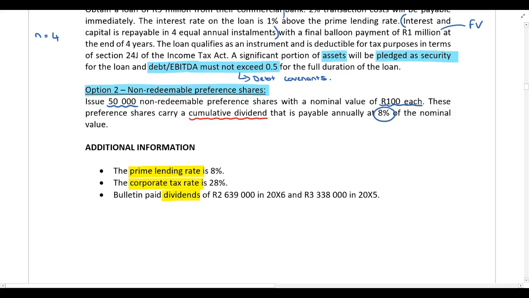So the dividends that are missed will just accumulate until they are actually paid out. And it's important to note that preference dividends must be paid before ordinary dividends can be paid. So if Bulletin has a bad year and they skip one of these preference dividends, they're going to have to catch that up before they can pay dividends to ordinary shareholders.